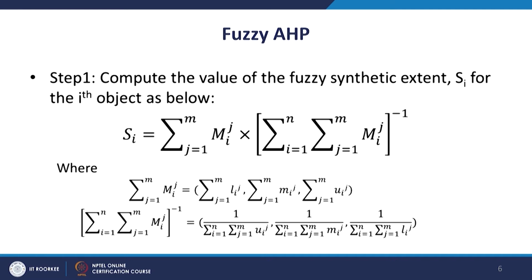In step number 1, we are supposed to compute the value of the fuzzy synthetic extent. We have already computed the extent analysis values, that is the capital M's. Now, we are going to compute the fuzzy synthetic extent values, capital S, for each of the objects, that is why you are seeing S i. i is for object, there are n objects from 1 to n.